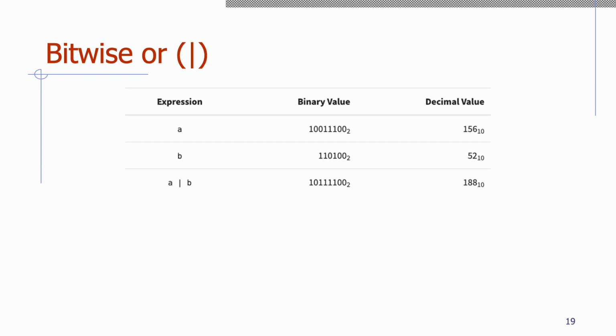Here is an example for bitwise OR. So again, we have the values A and B. We are going to apply bitwise OR. So for each corresponding pair of bits, it returns a 1 if at least one of them is switched on. Only a combination of two zeros gives a 0 in the final output.